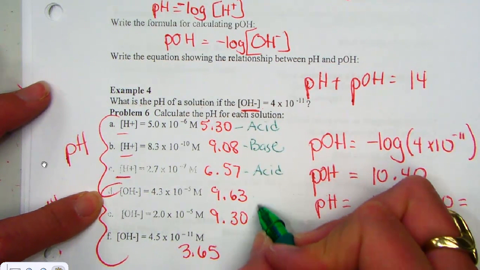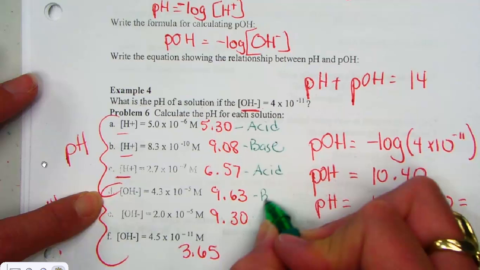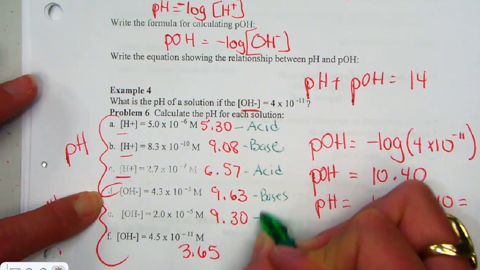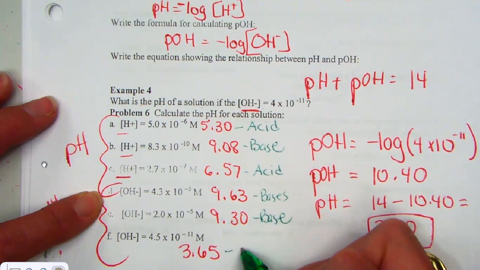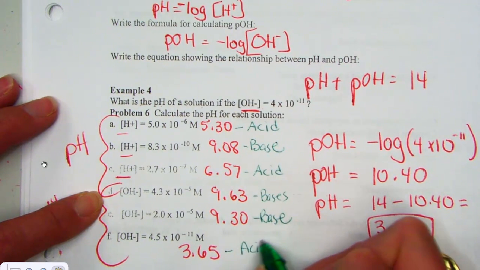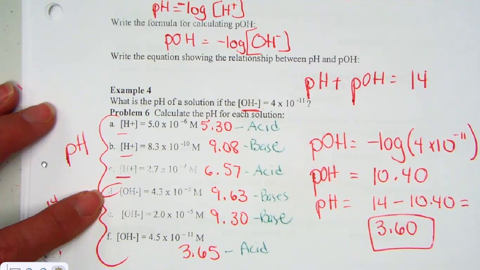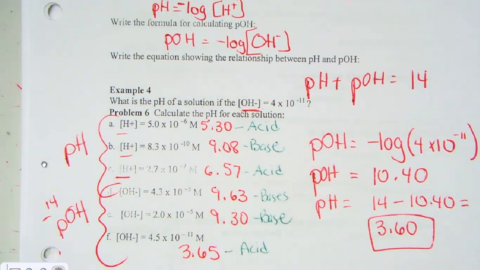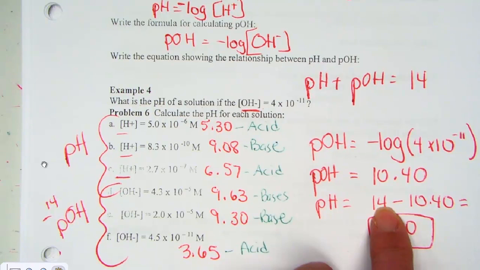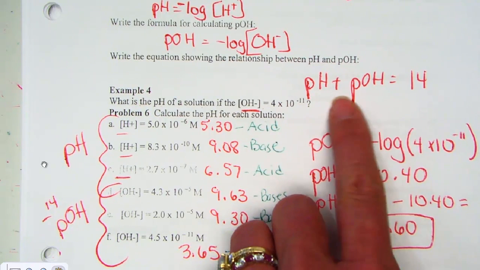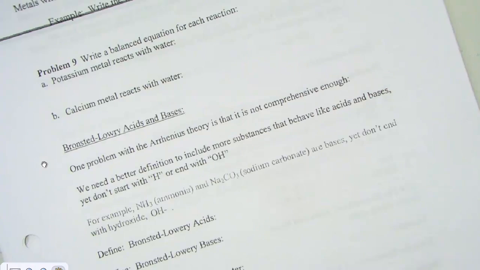D and E, both with pHs in the 9 range, are bases. And letter F, a number well below 7, very acidic. It's a numbering system that gives us insight into how acidic or how basic our solution is. Negative log of pH, negative log of pOH, together their sum is always 14.